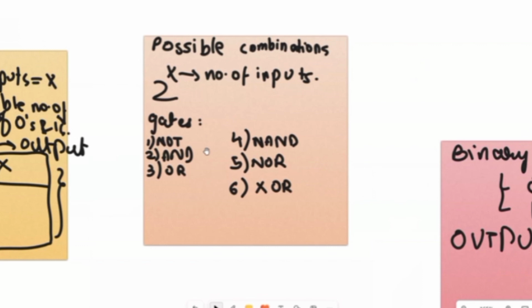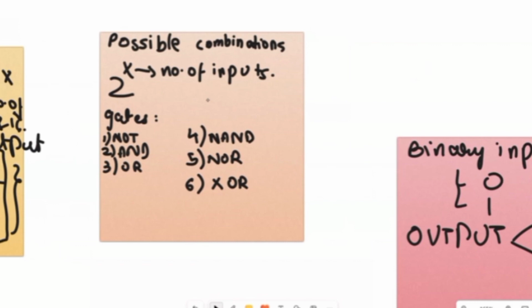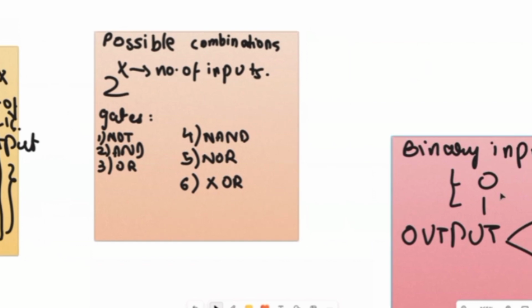If, for example, I'm giving two inputs, then 2 power 2, that is 4, is the possible number of combinations in which I can arrange my zeros and ones and perform this particular operation, whether it's NOT, AND, or OR. It is determined by this formula, 2 power x.